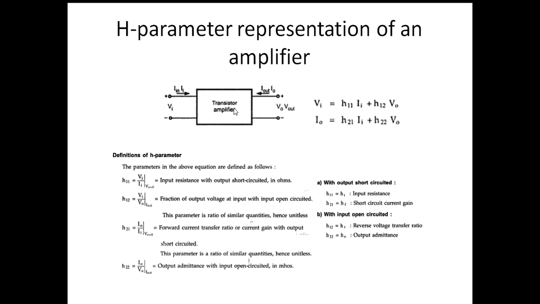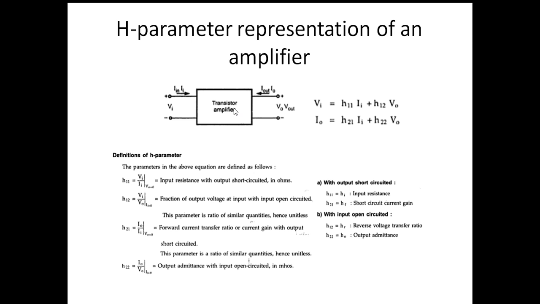The definition of H parameters: H11 is equal to Vi by Ii, where Vo is equal to 0. The input resistance with output short circuited, in ohms. The unit for H11 is ohms because it is the input impedance Hi.